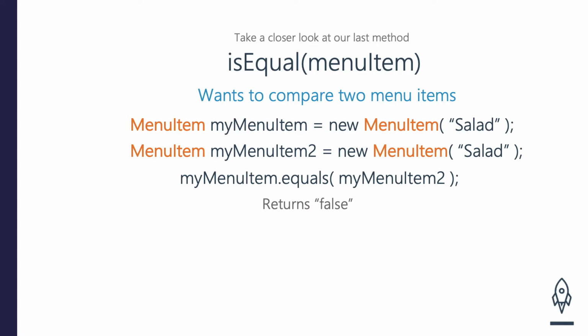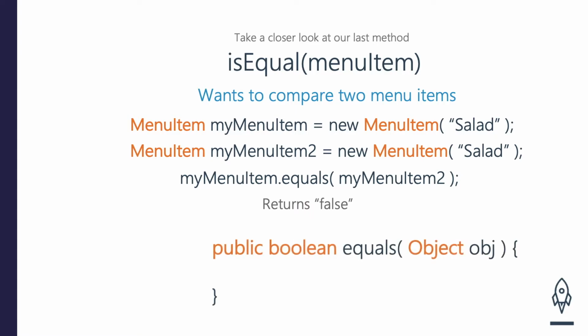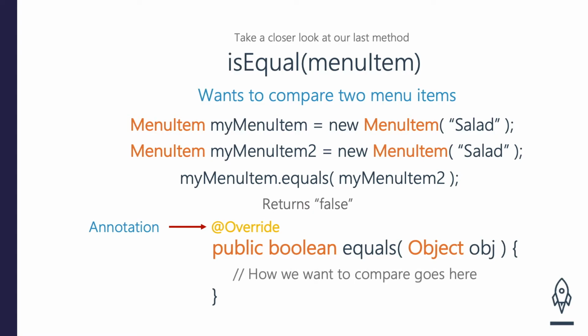So we want to change this. And what we can do is that, just like the toString method, we can hijack the equals method. And how we can hijack it once again is that we put the @ sign and then Override, that annotation there, to say that we want to make this equals method do something different within our menu item class. So we place that code of how we compare those objects into here.